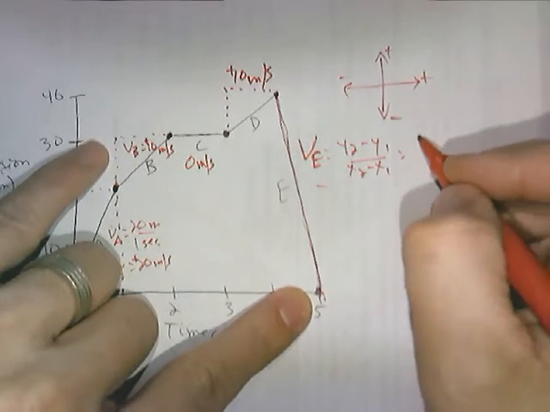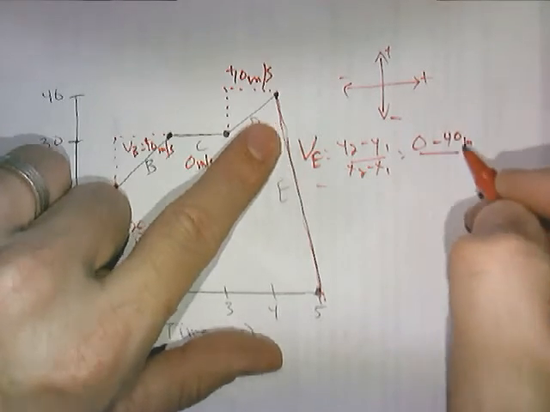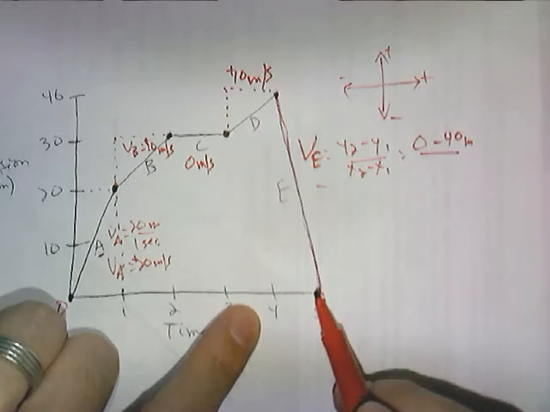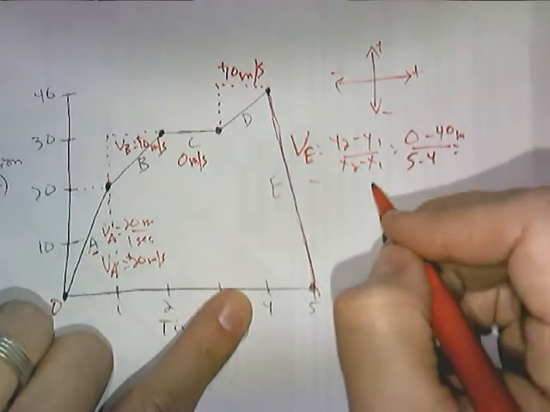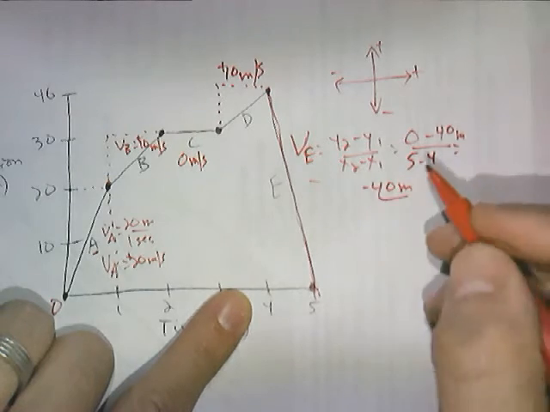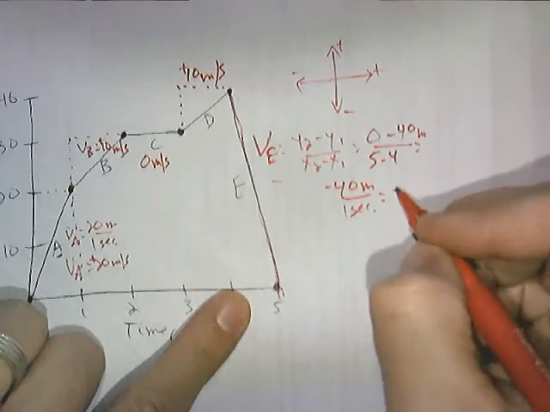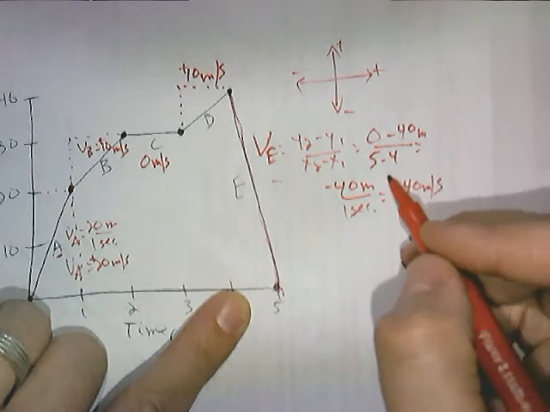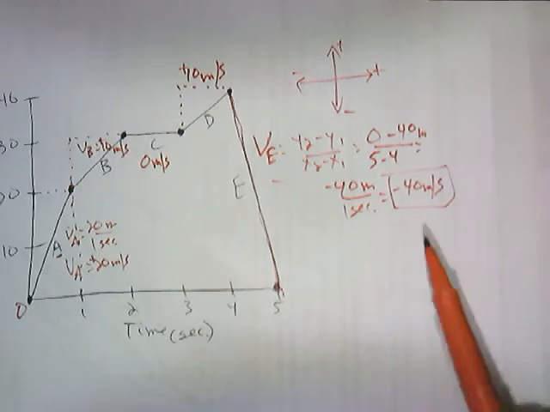So I could solve this as 0 minus 40 meters, divided by, I end up at the 5 second mark from 4, so 5 minus 4. So negative 40 meters over 1 second tells me that the slope is the velocity of negative 40 meters per second. It's simply just a directional element.